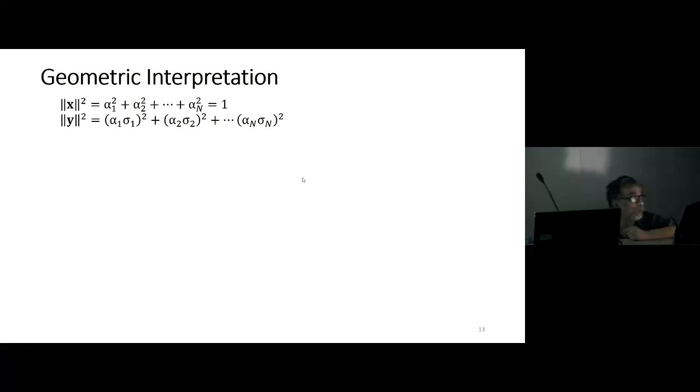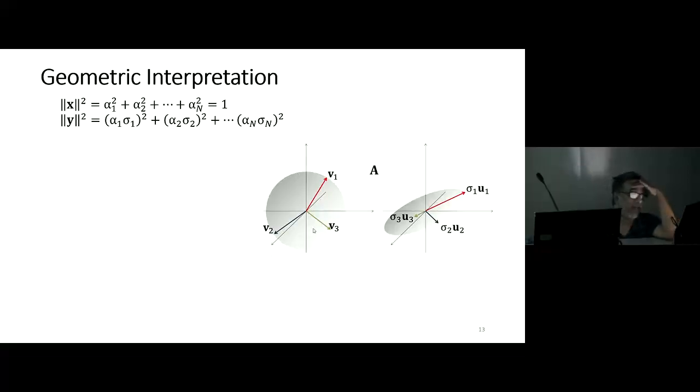And so this Y would then be sigma 1 U1. Okay, so V1 would be the direction of maximum stretching. The amount by which the vector would be stretched is sigma 1, but the new orientation would be U1.